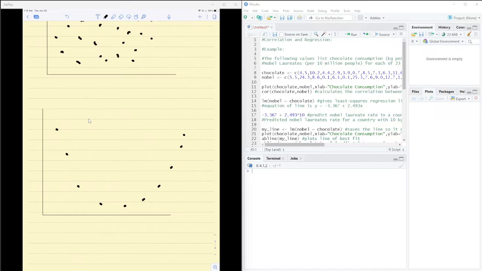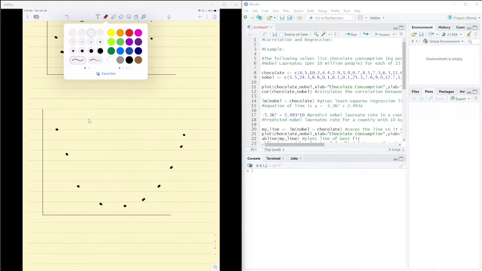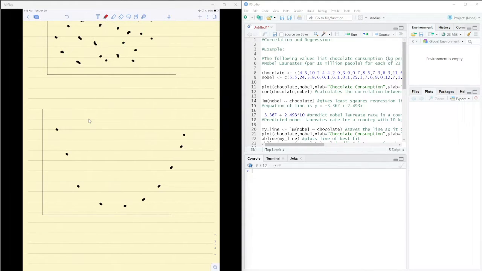Right, look at that relationship. There's no good line I can draw to describe this data. For instance, this line doesn't do well capturing this information here.